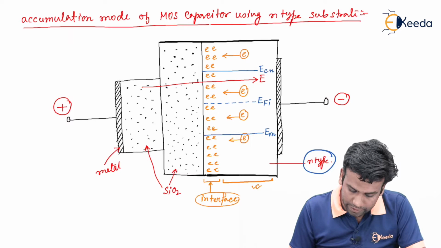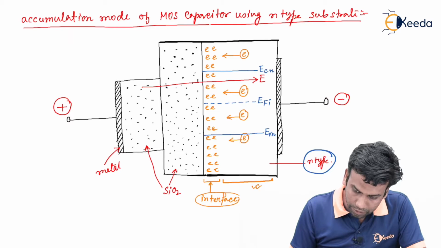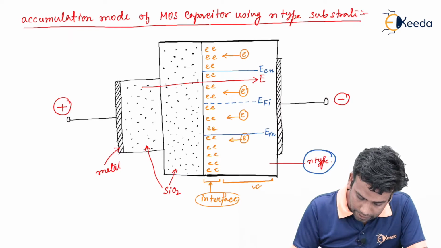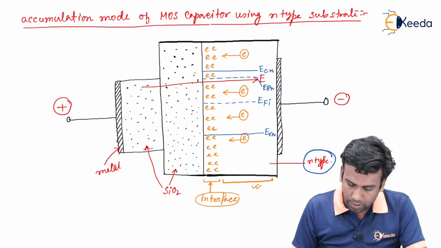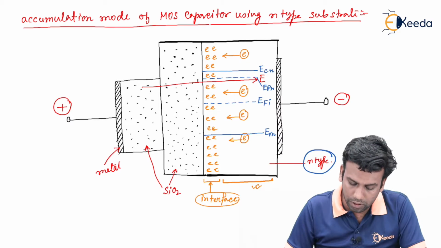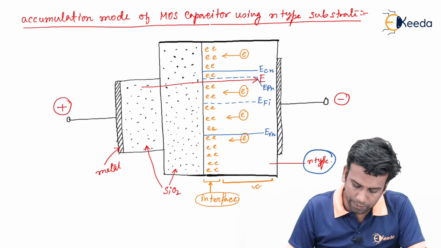Since it is the N-type semiconductor, the Fermi level will be near the conduction band, and this is the Fermi level EFN.